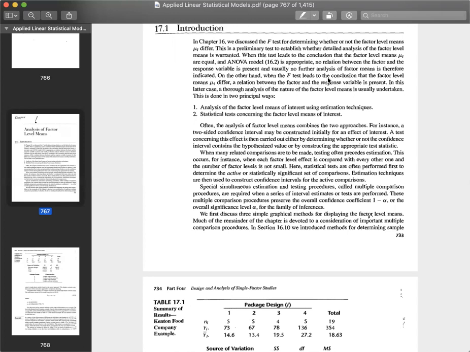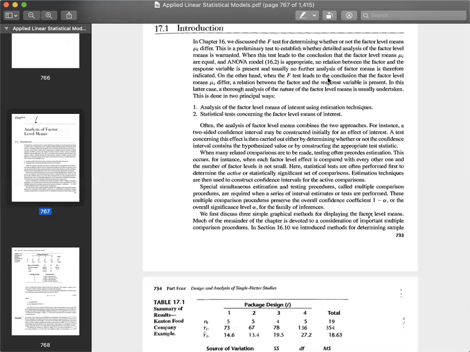Estimation techniques are then used to construct confidence intervals for the active comparisons. Special simultaneous estimation and testing procedures called multiple comparison procedures are required when a series of interval estimates or tests are performed. These multiple comparison procedures preserve the overall confidence coefficient 1 minus alpha, or the overall significance level alpha, for the family of inferences.